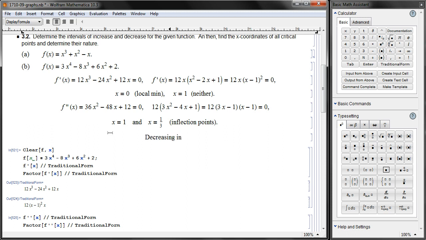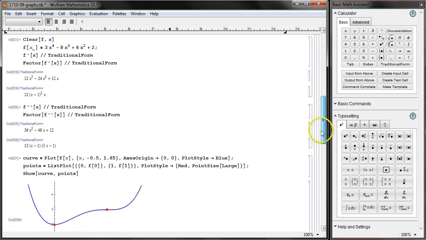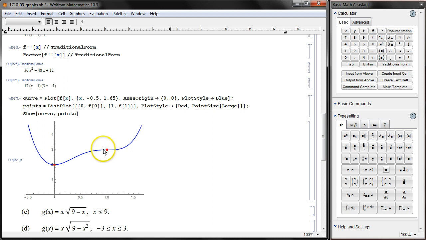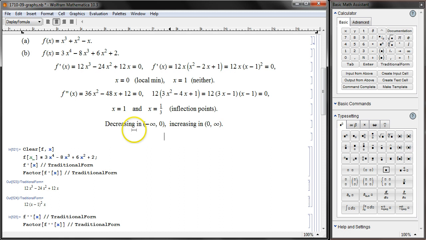Decreasing in the interval negative infinity to 0, and increasing in the interval 0 to infinity, isn't it? This is neither maximum nor minimum, so increasing just goes on all the way. Alright, concavity, we have to use these.